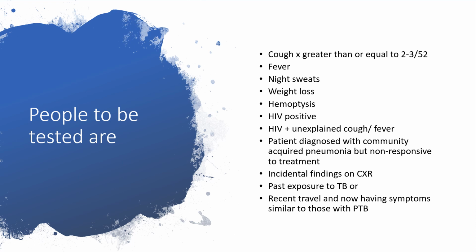Incidental findings on chest X-ray should warrant further screening to be sure this is not tuberculosis. Those with past exposure to TB or recent travel who are now having symptoms similar to pulmonary tuberculosis, please don't waste any further time. Screen them.